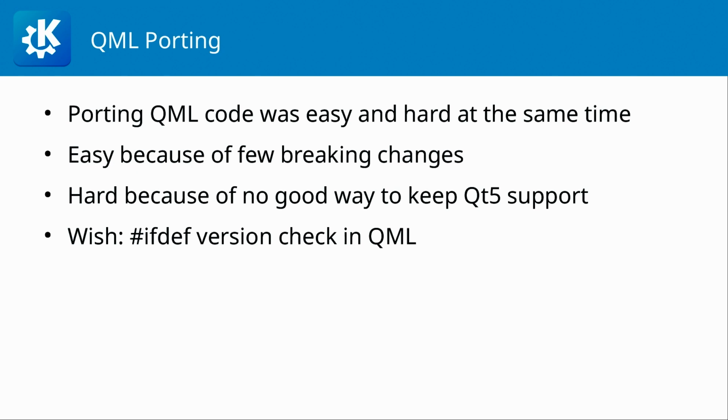So what we really would have hoped for is a sort of #if version check in QML. This would not only have been useful for this transition, but it can also be useful in minor Qt releases when there's new functionality added that you optionally want to make use of if you're running against that specific version.